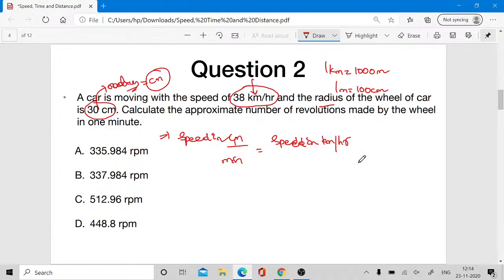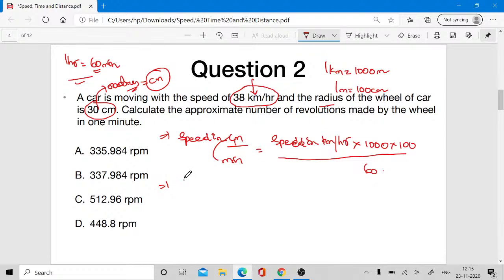So this will be into 1000 into 100, divided by kilometer per hour, right? I need it in centimeter per minute. So we know that 1 hour is equal to 60 minutes. I need this in centimeter per minute, not centimeter per second, so it is divided by 60.